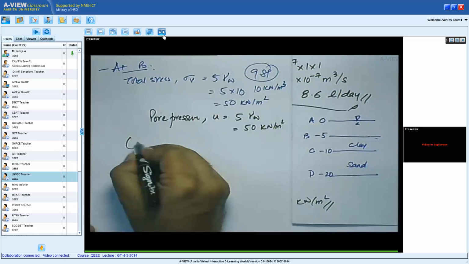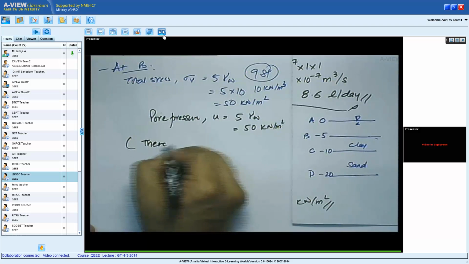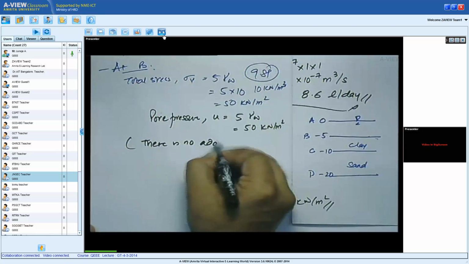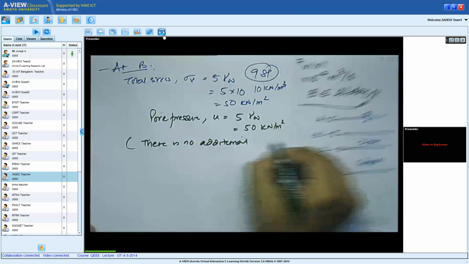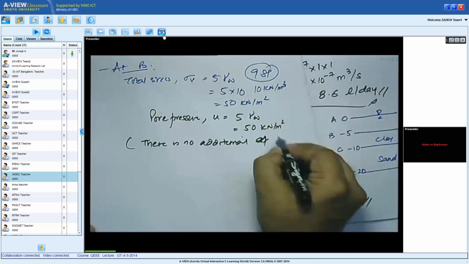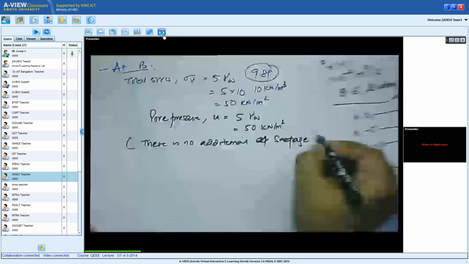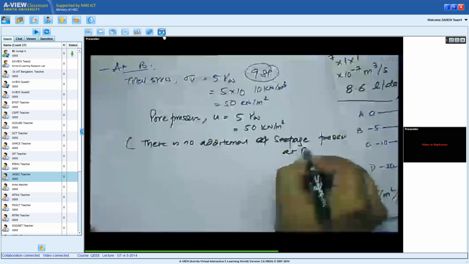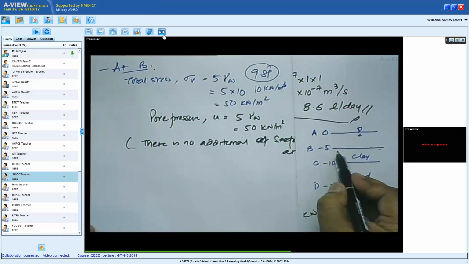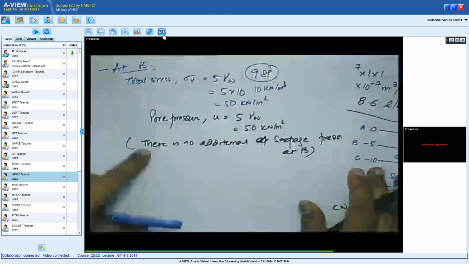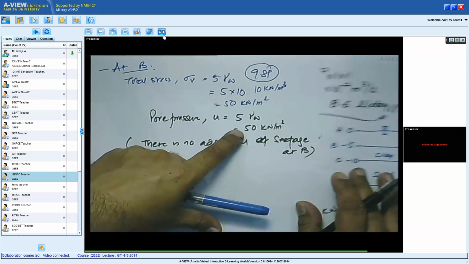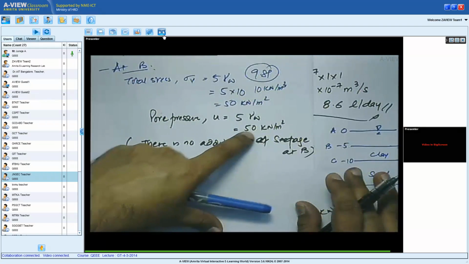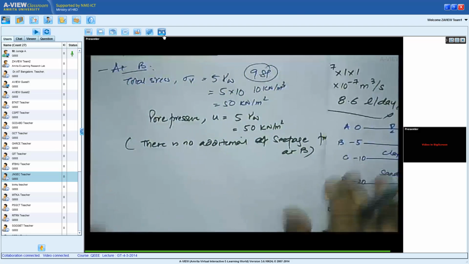Just to put it in English, there's no additional seepage pressure at B. All head has been lost at B. So the pore pressure includes only the hydrostatic case, which is 50 kilonewton per meter square.